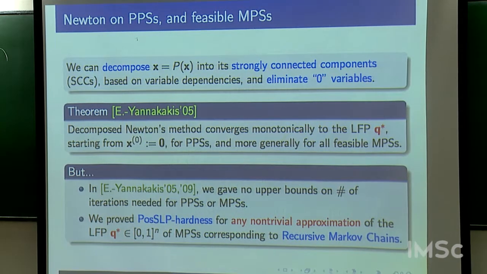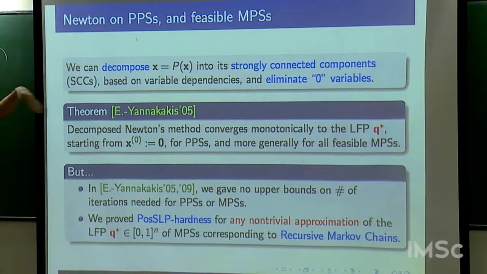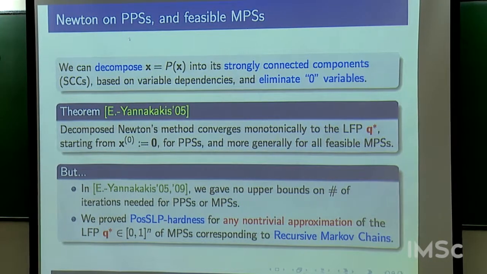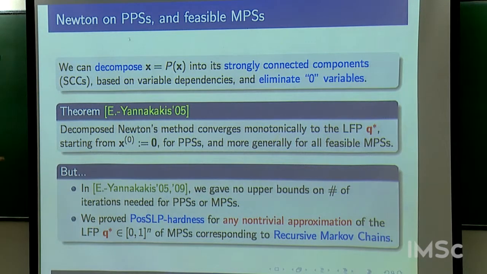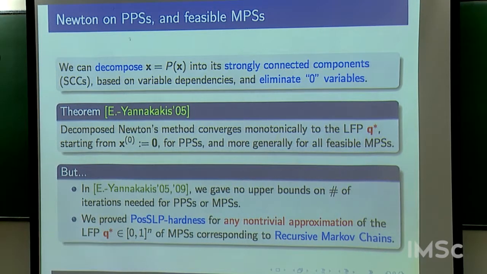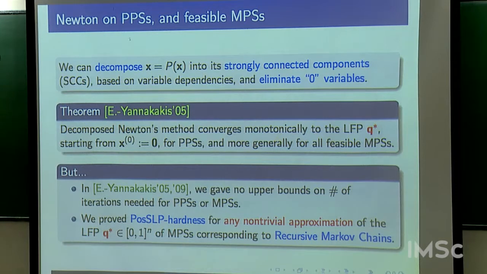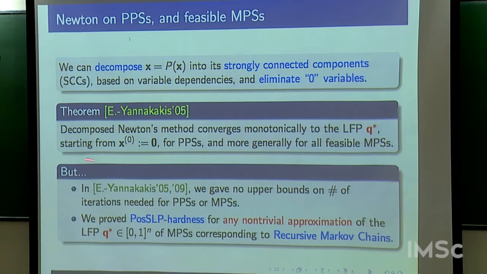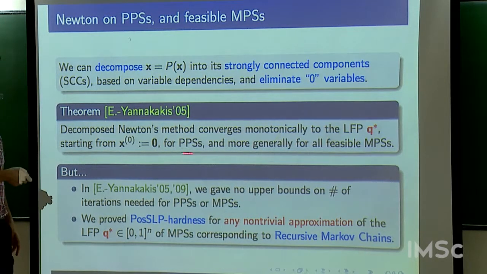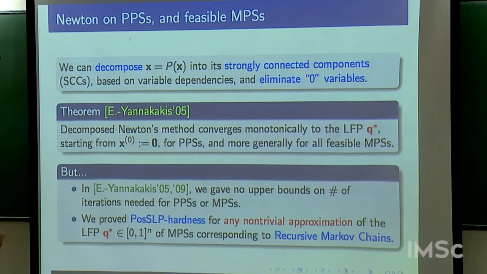Okay, so what's the connection? It turns out that if you do some pre-processing on your monotone polynomial system of equations, namely if you break it into strongly connected components based on the dependency graph of the variables, and if you then eliminate those variables that are going to end up being 0 in the least fixed point, which you can easily detect in polynomial time, then decomposed Newton's method converges monotonically to the least fixed point solution for both probabilistic polynomial systems of equations and, more generally, for any feasible monotone polynomial system of equations.